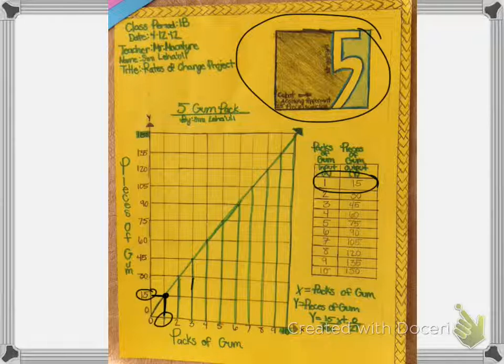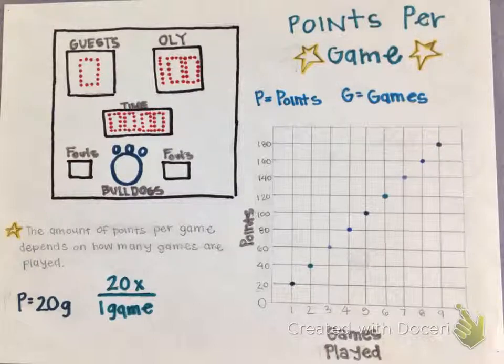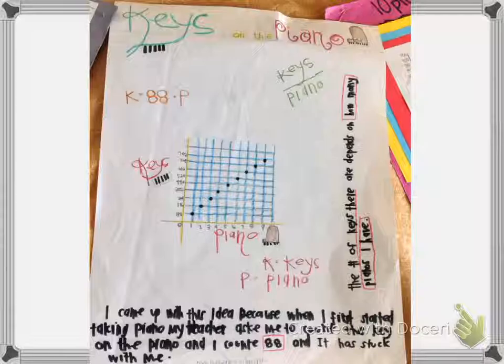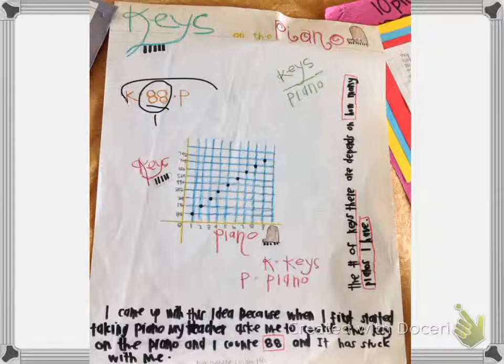That's our unit rate. 15 pieces per pack. Nice. Here we got points per game. Here we got keys per piano. It looks like there's 88 keys per piano. There's their formula.